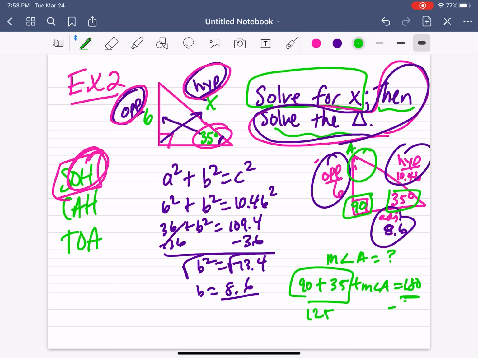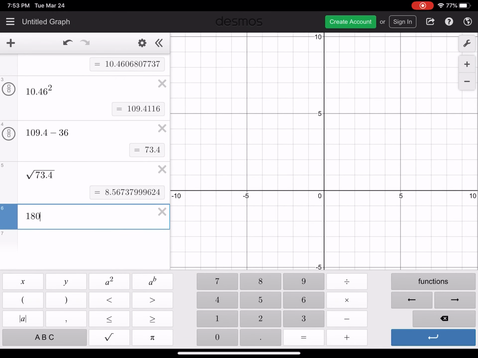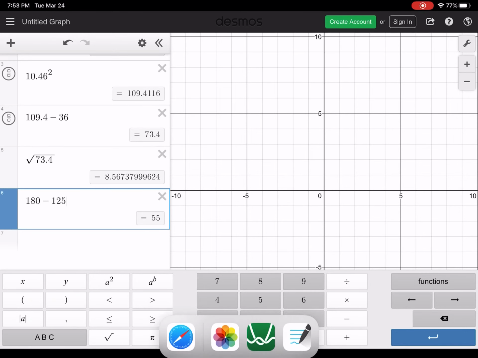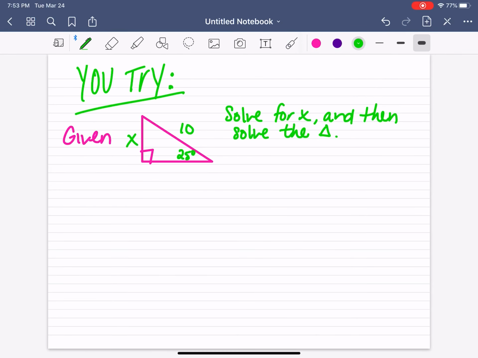And if you subtract that from 180, 180 minus 125, it's 55. So the measure of our missing angle is 55 degrees. So that's what I mean by solve the triangle. So pause the video and try the following problem.